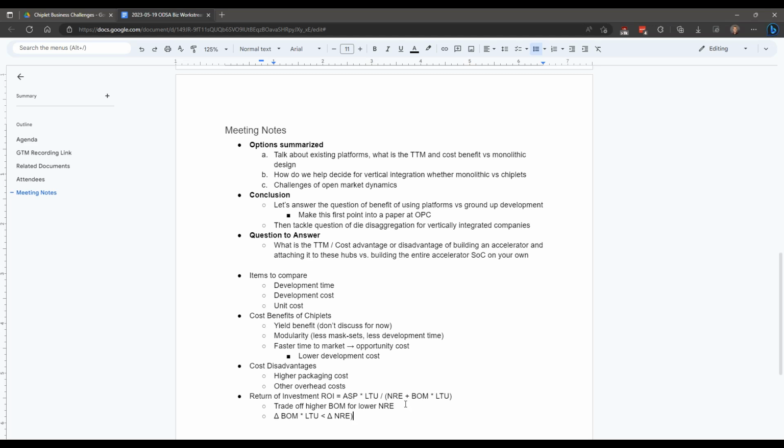And so to me, the trade-off that I can see is that you have a higher bill of materials, but a lower NRE cost. So that's one. And then the other thing I guess that I could add is how do you put into dollar terms the opportunity cost, like being to market 1 year early.